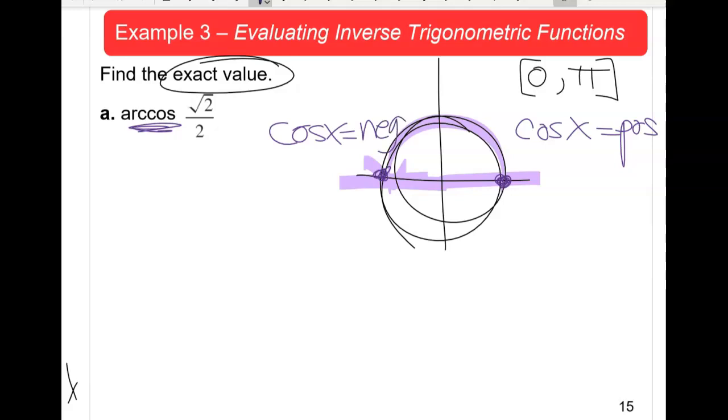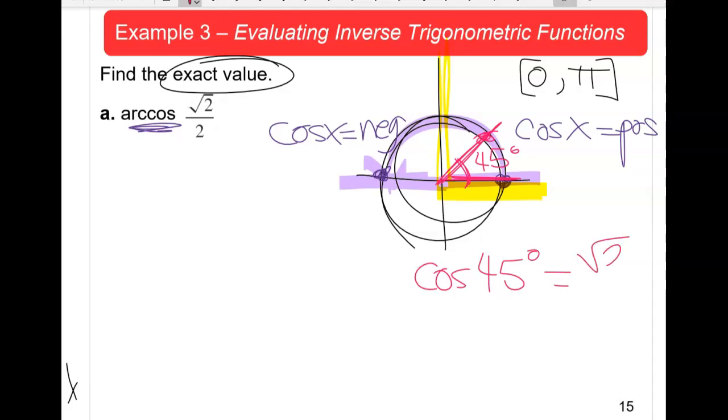So in this case, we're going to stay with the first quadrant. And I hope you recognize one of those, because it is one of the very common ones, where the cosine and the sine are exactly the same, which happens at 45-degree angles, or pi over 4.